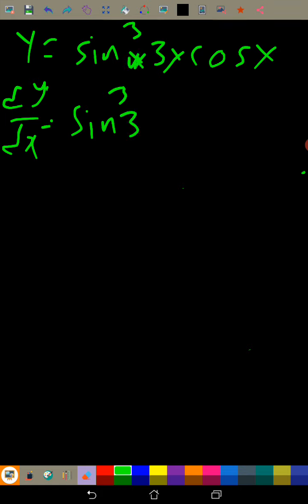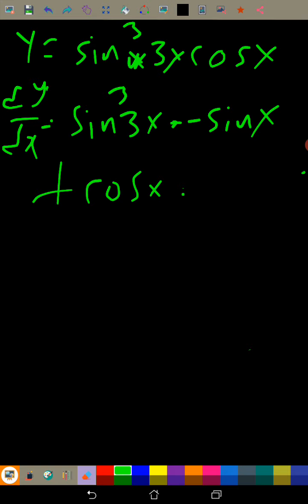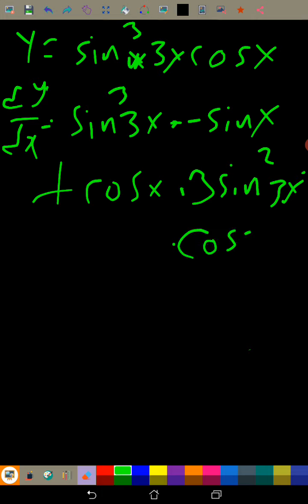So it's sine cubed 3x times minus sine x plus cos x times, what? 3 sine squared 3x. Yes. Times cos 3x times 3. Okay, guys, I think I saw my mistake.